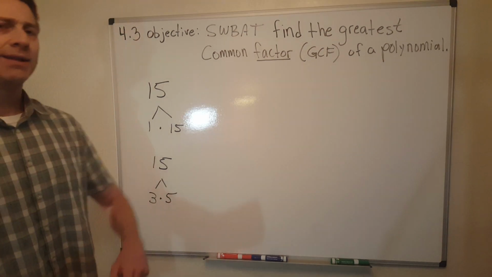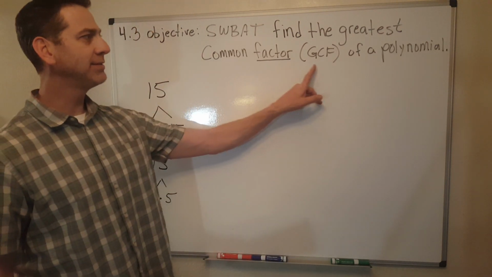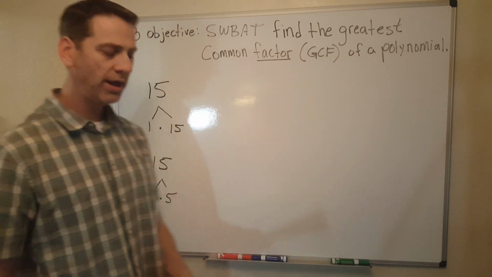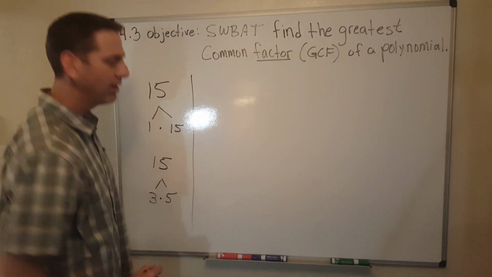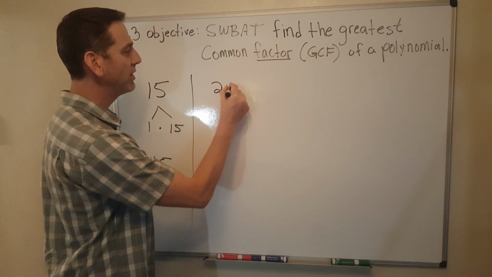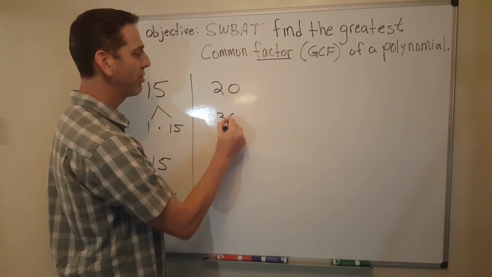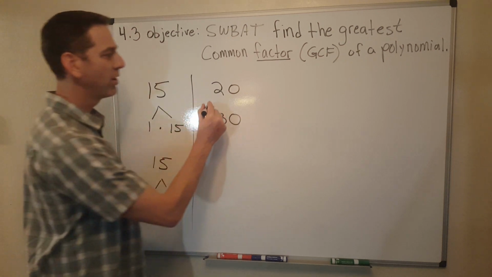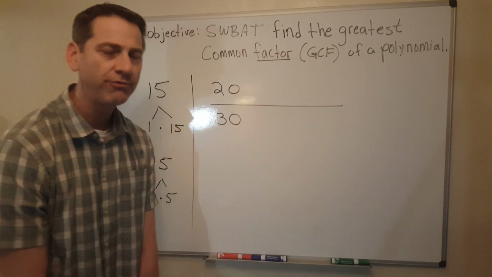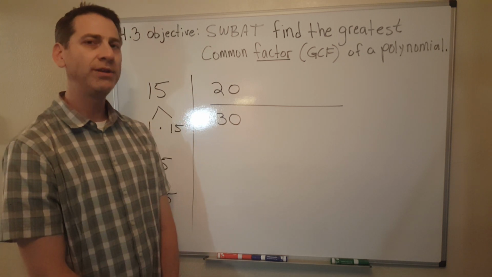So let's go one more step, and let's see if we can find the greatest common factor. To do this, we need at least two numbers. So let's take the numbers 20 and 30. First, let's take a look at the number 20. What are the factors of 20?